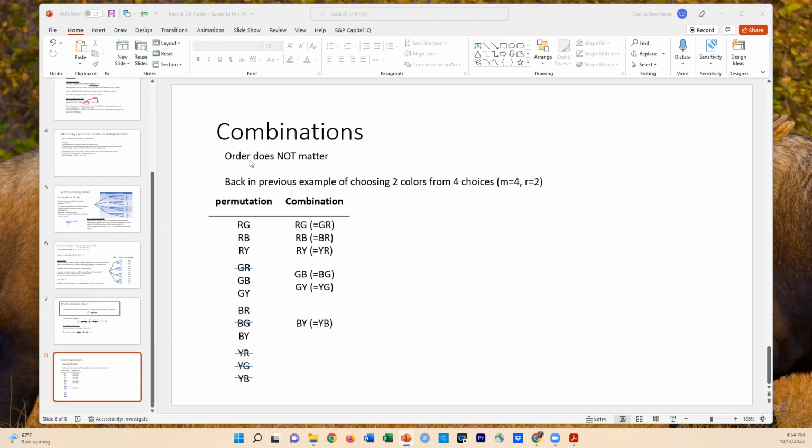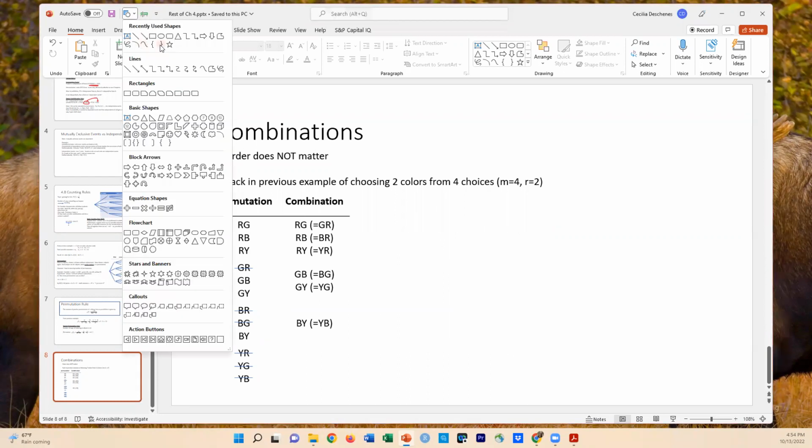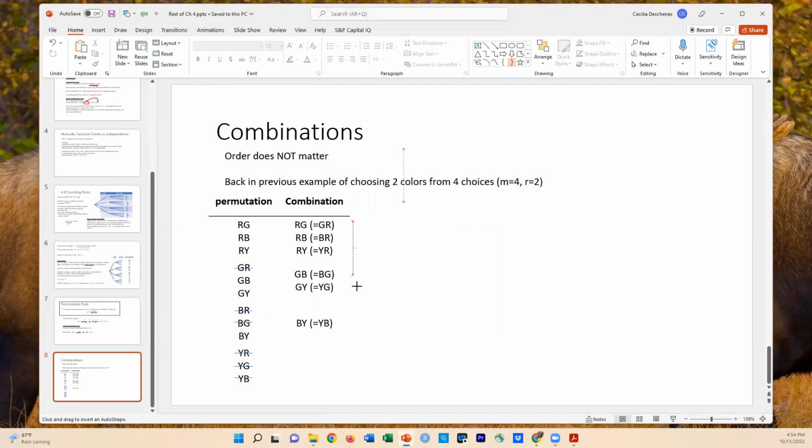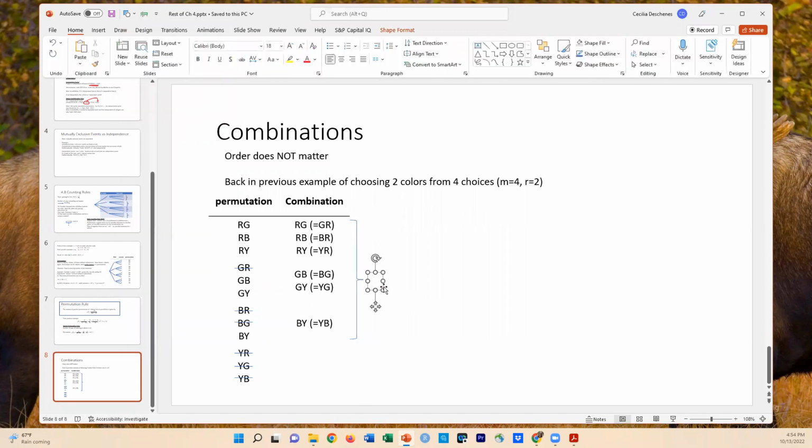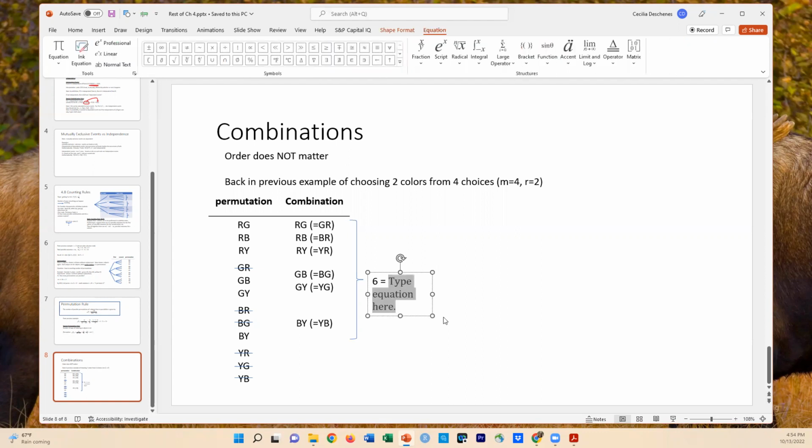And in fact, the number of combinations that we're seeing here, if we were to count them, is 6, right? And that 6 is actually equal to 12 divided by 2.